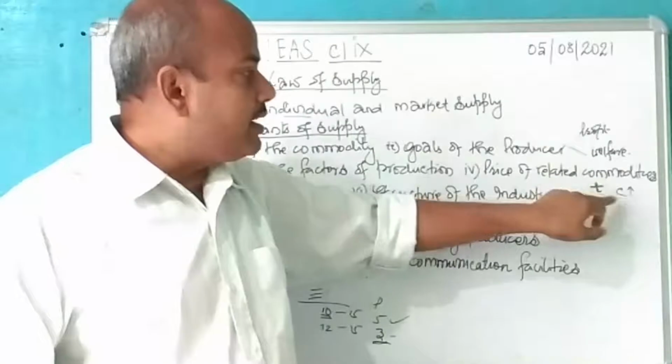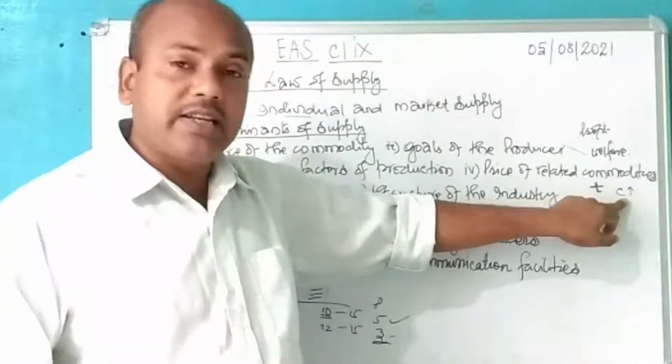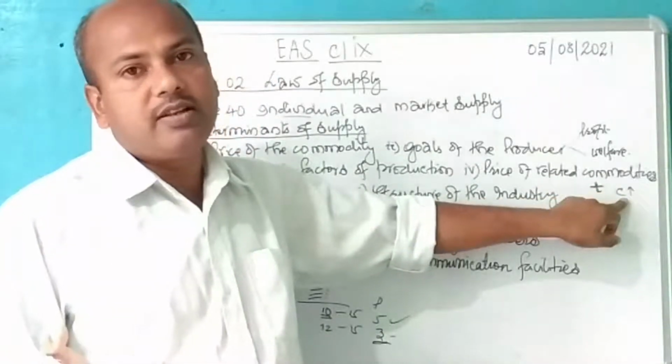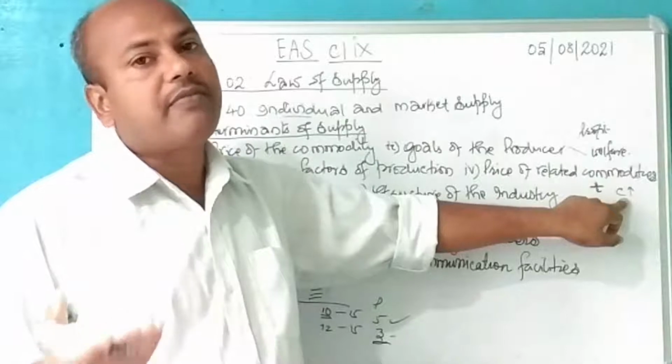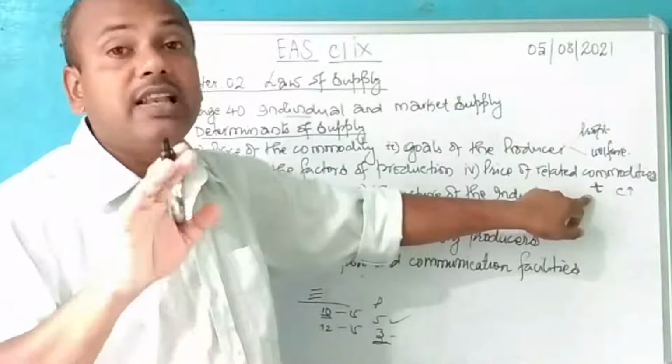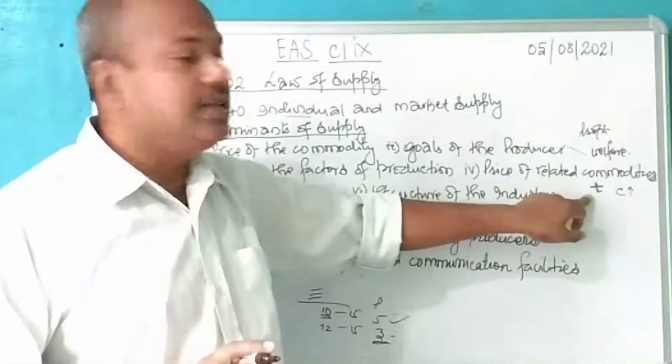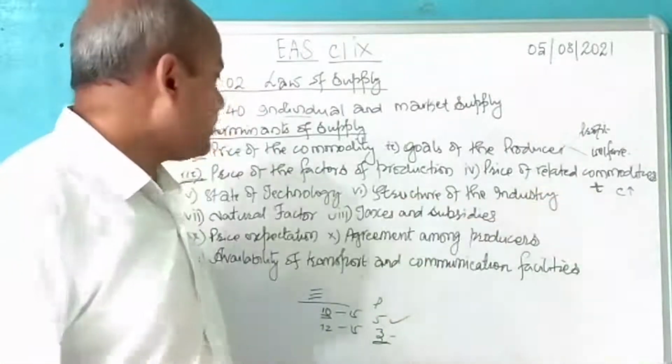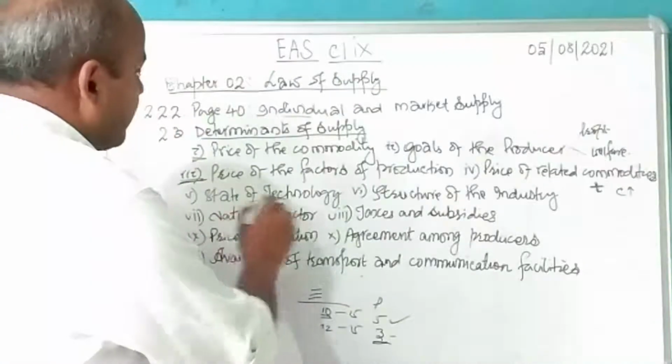Similarly, if the price of coffee decreases, more consumers will start buying coffee, so the demand for tea will decrease, hence less supply of tea will take place. Next, state of technology.